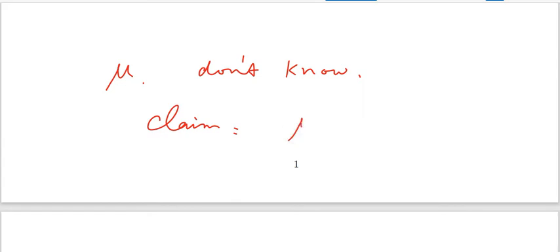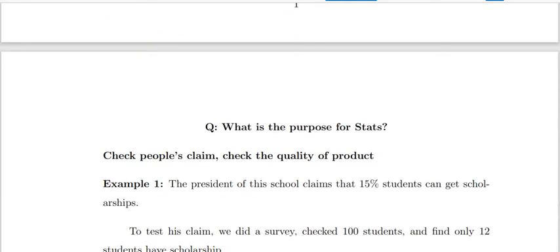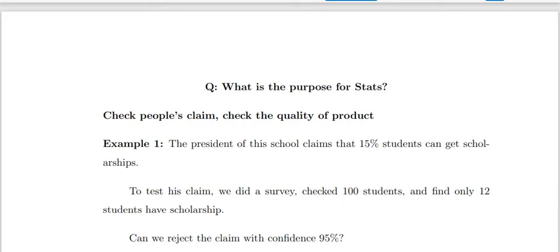Let's say mu will be this number, mu equals mu 0. So we want to test their claim. Is their claim true or not true? This is actually another motivation for statistics: we want to check people's claim.